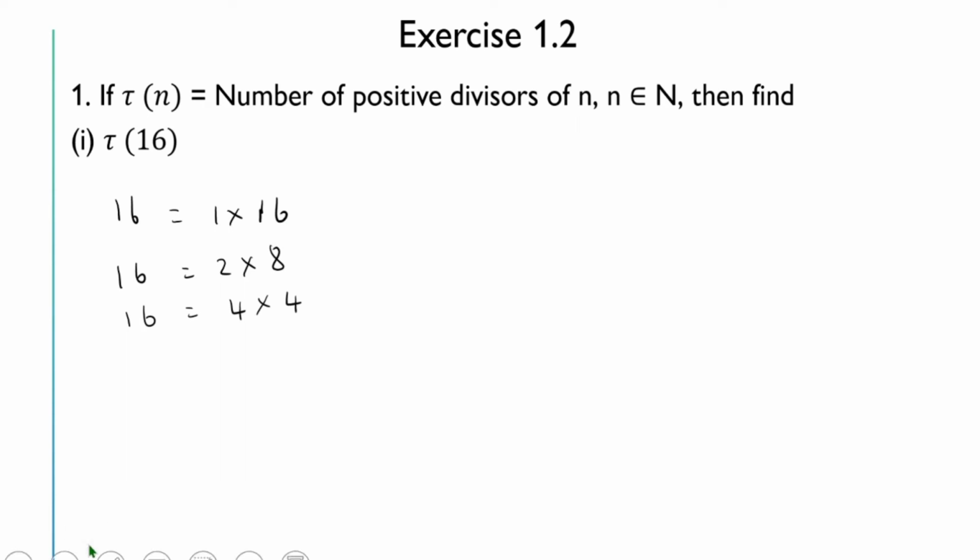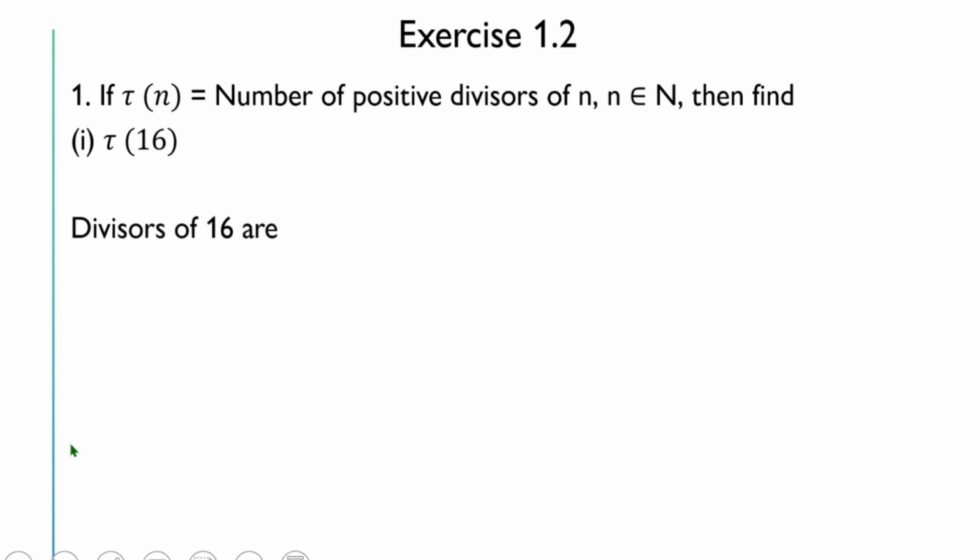I will tell you an easy way to write this. The divisors of 16 are 1 and 16, since 16 into 1 is 16. Then 2 and 8, 2 into 8 is 16. Then 4 into 4 is 16. So the divisors of 16 are 1, 2, 4, 8 and 16.